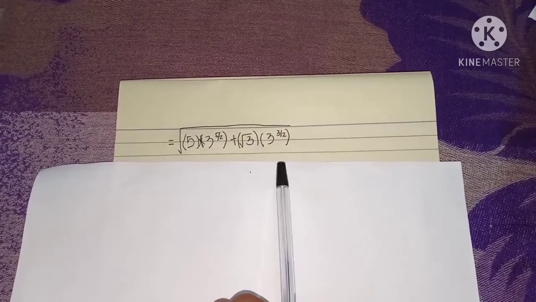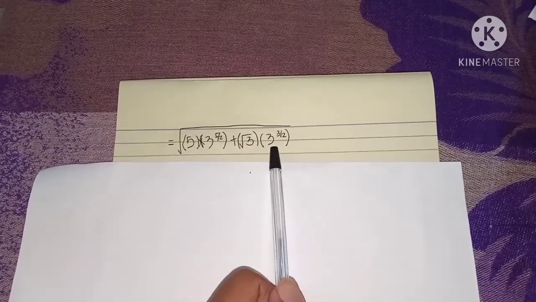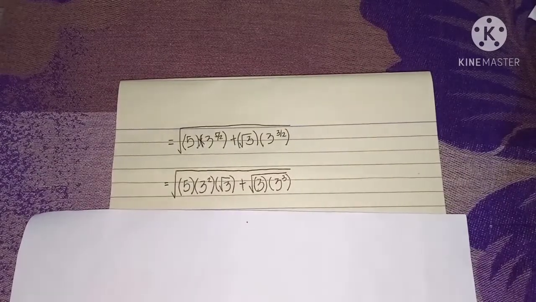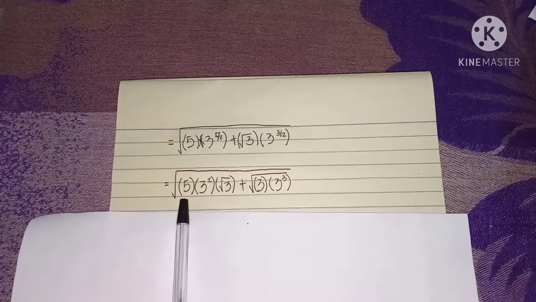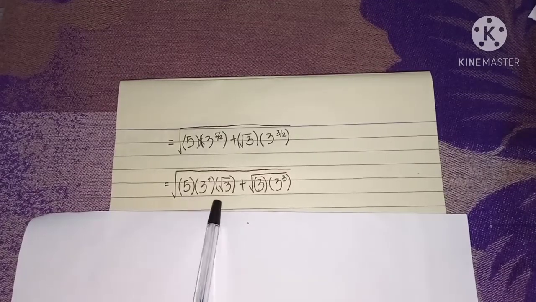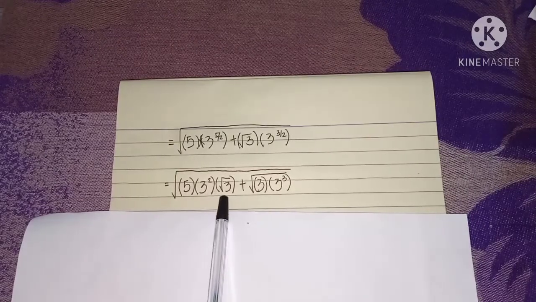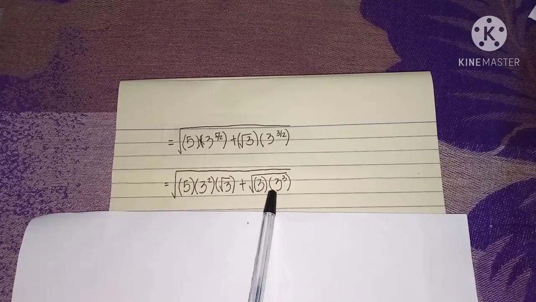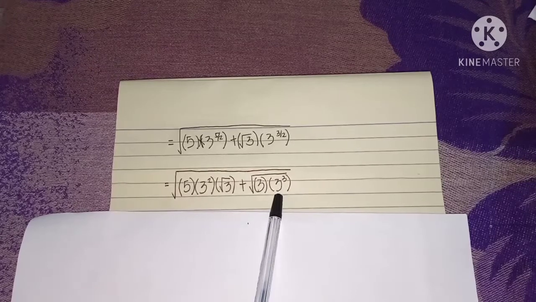So 5 halves minus 1 is 3 halves. And then we'll try to multiply them: square root of 5 times 3 squared times square root of 3 plus square root of 3 times 3 cubed.